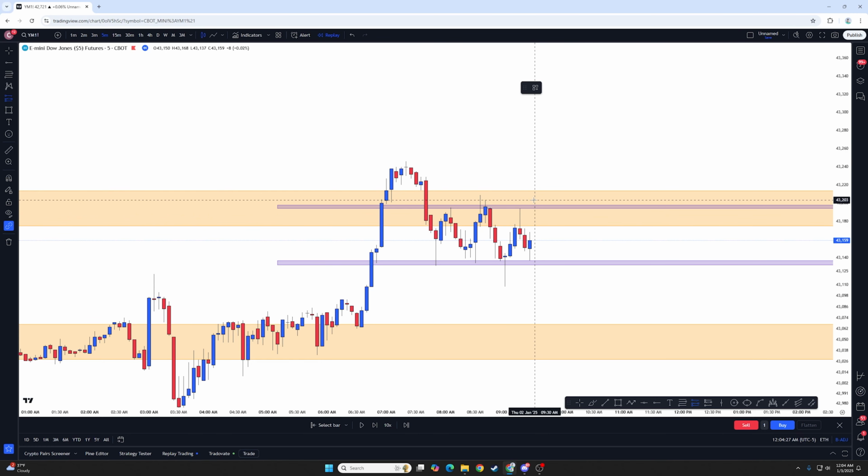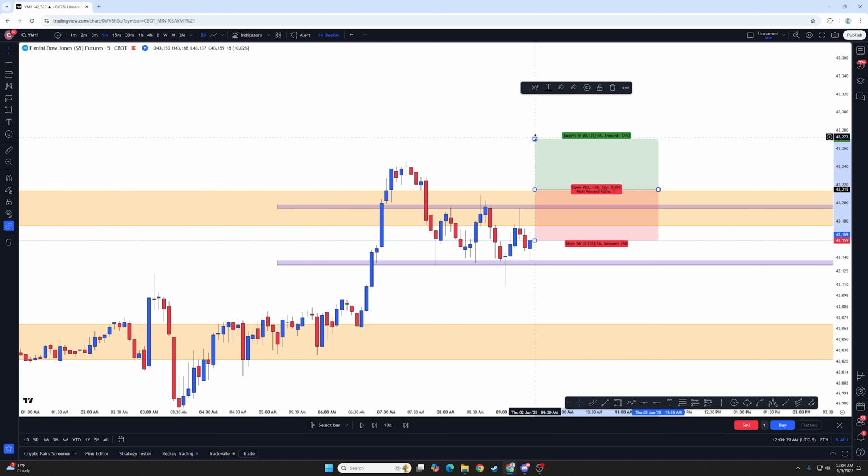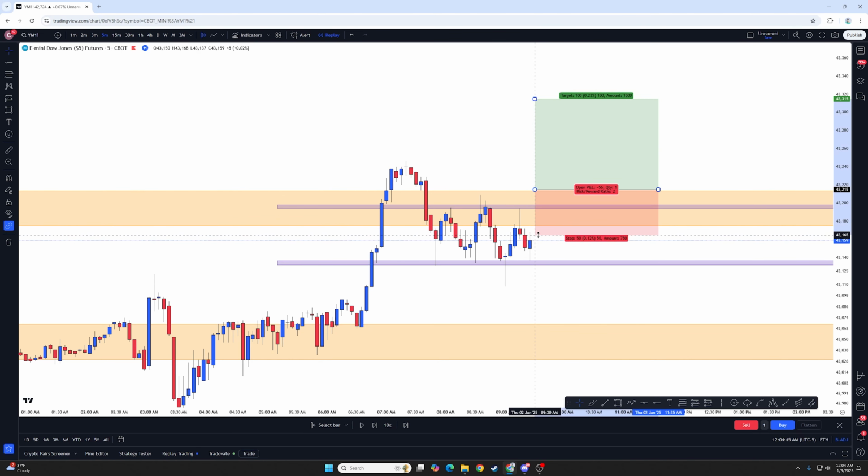So for a buy scenario, or for any scenario at all, I always like to give it some space after the level that I draw, just to make sure that I'm not entering prematurely into the trade. And I had it up here, and I use the same stop, guys. I have a 50-point stop loss, and I have 2 take profits that I use, which is 50 points from the entry.